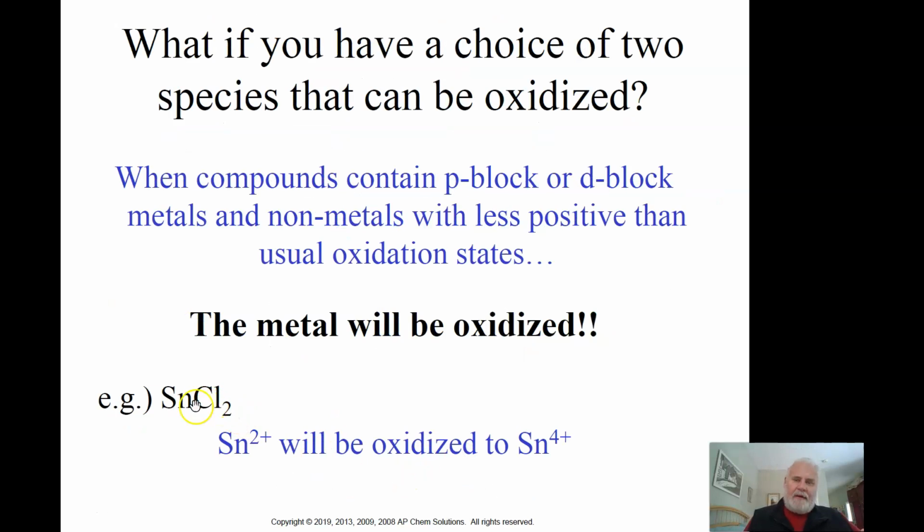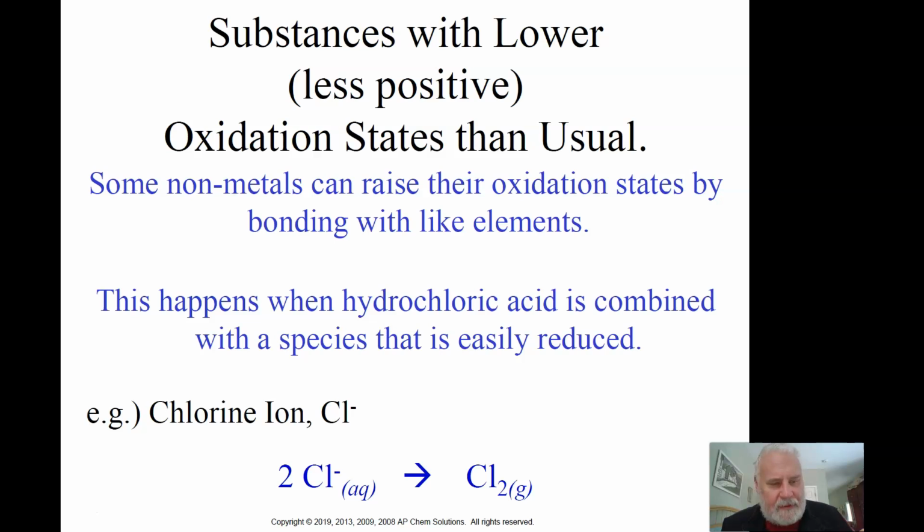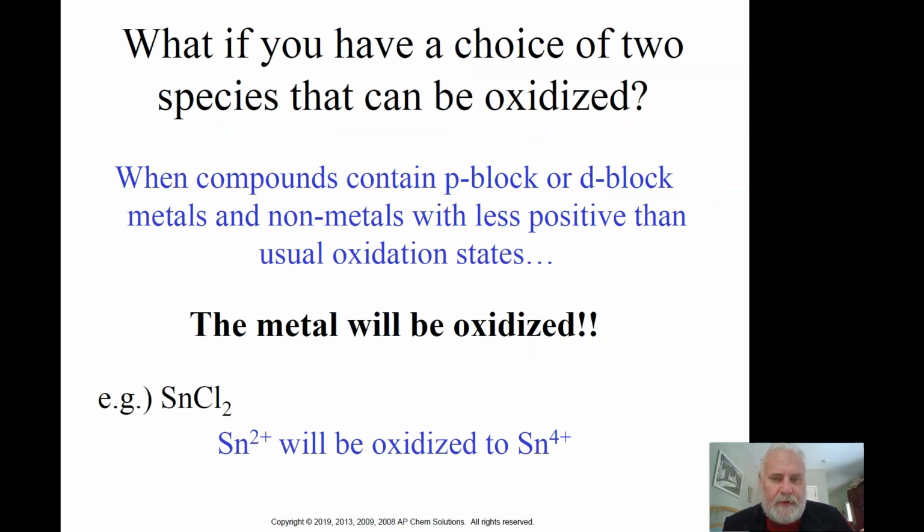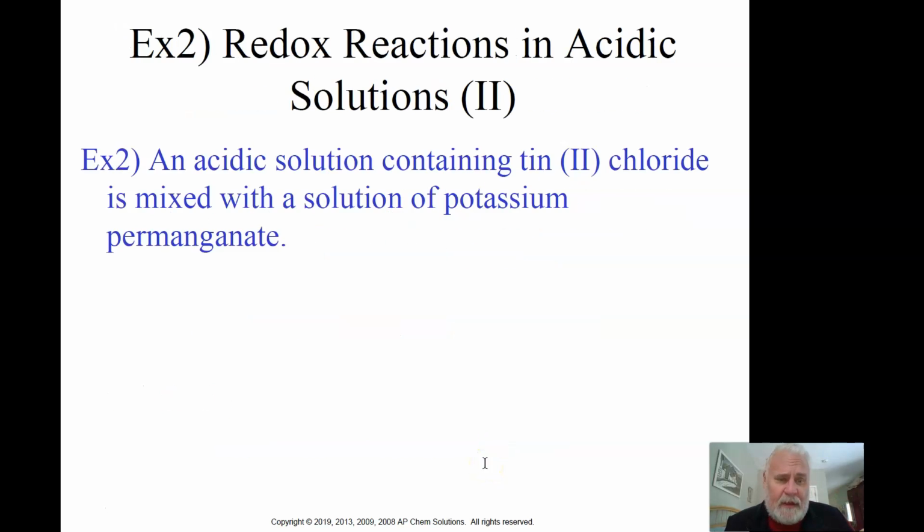Now, if you have a metal with the chlorine, then it's the metal that will be oxidized. So here, the chlorine by itself is oxidized, but if you combine it with a metal, the metal will oxidize. And tin, this is just one, it's 2 and 4. Lots of stuff to kind of commit to memory there.